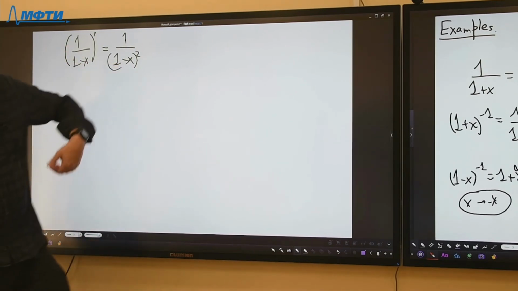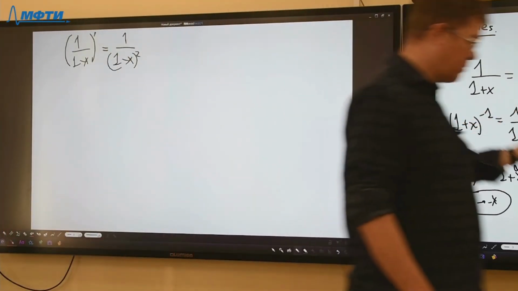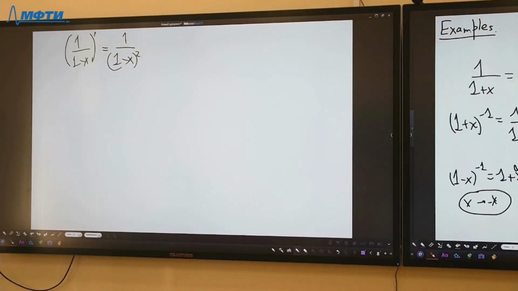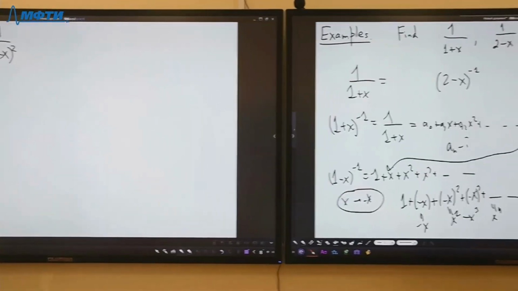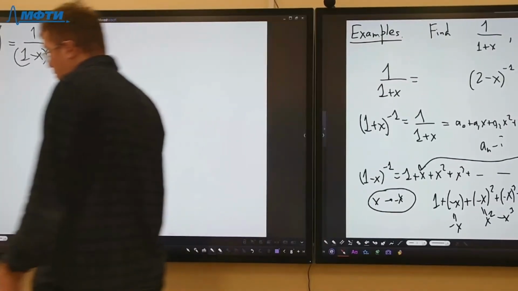So you just need to differentiate the formal power series. But we didn't discuss it. It's similar to the differentiation of functions.